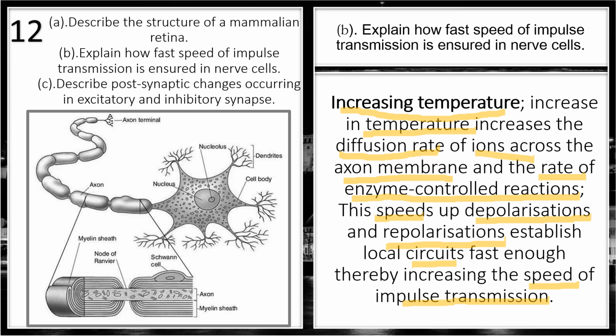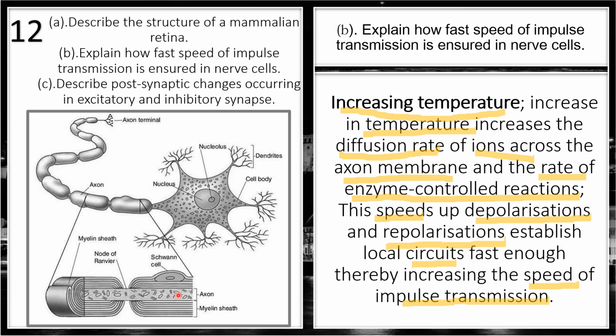So we are saying here that by increasing the temperature, we are going to increase the rate of diffusion of ions across the axon membrane. And we know that for most enzyme-controlled reactions, as the temperature increases, the rate of enzyme activity increases.